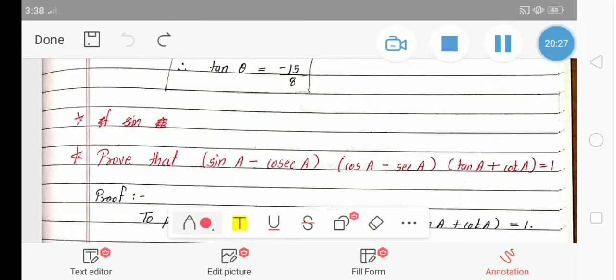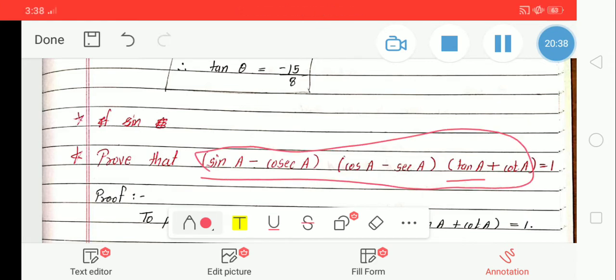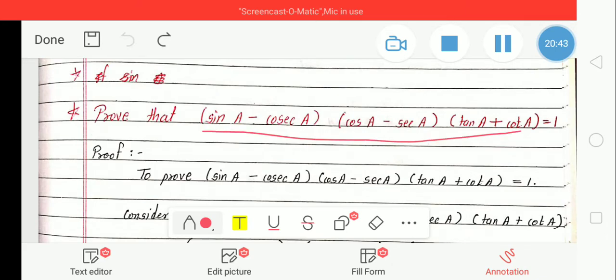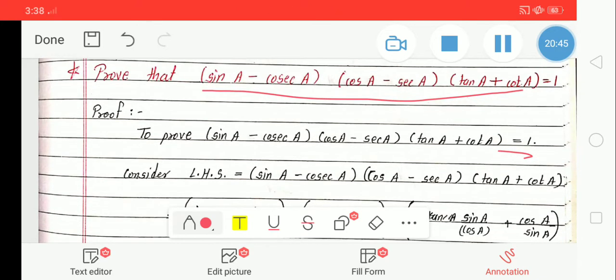Now prove that (sin A minus cosec A) multiplied by (cos A minus sec A) multiplied by (tan A plus cot A) is equal to 1. मीन इनका मल्टीप्लिकेशन इज इक्वल टू 1 हमको प्रूव करना है. Now to prove that this is equal to 1, consider LHS, means this one is LHS.